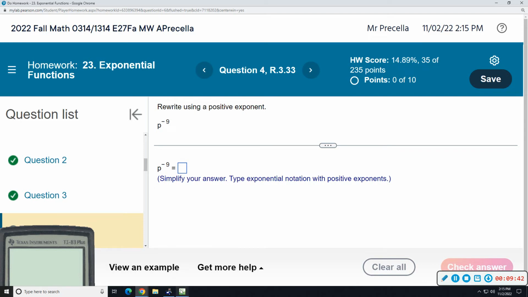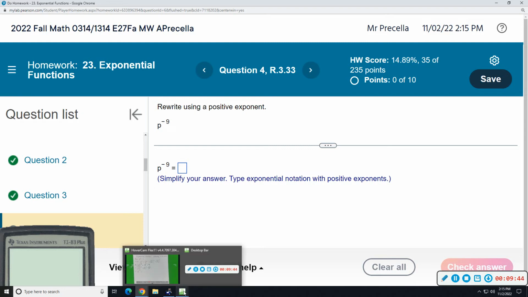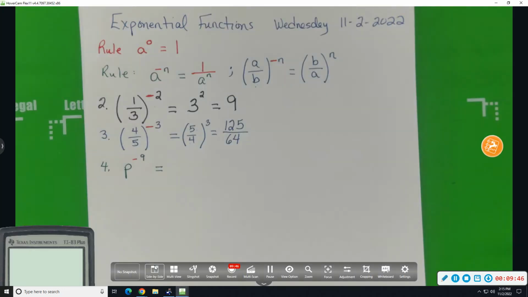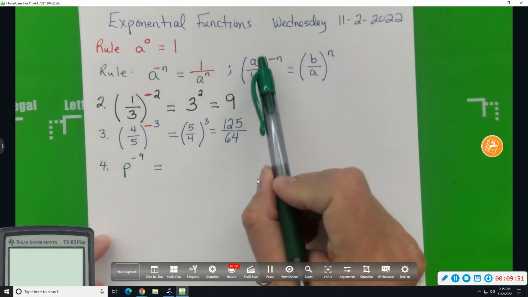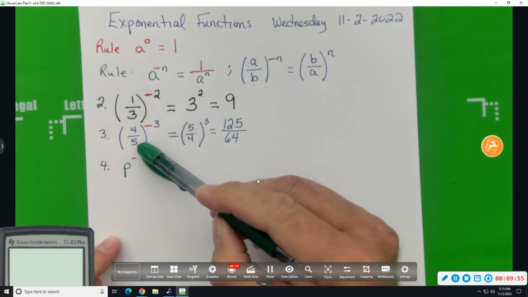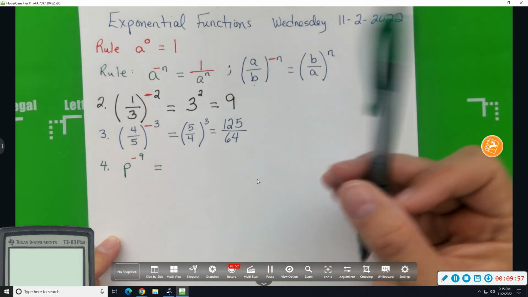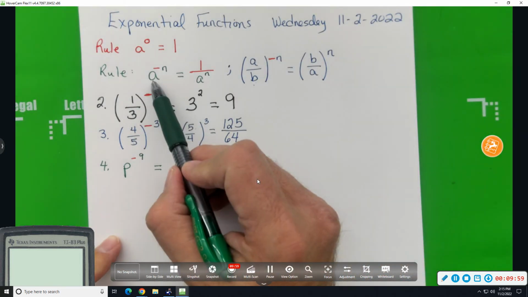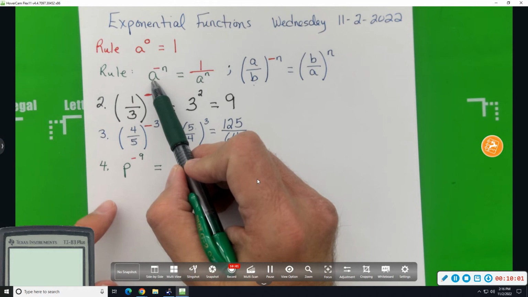Let's see. It says rewrite using a positive exponent. Well, we have 2 rules about negative exponents. What to do if it's a fraction to a negative power. That's what we did on problems 2 and 3. But this first rule here, that's the one we're going to use on this one.